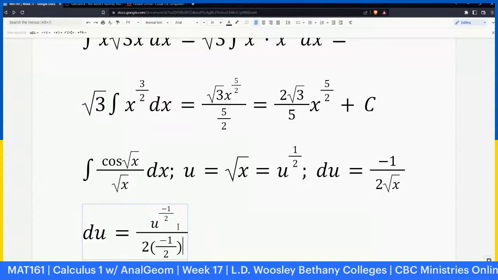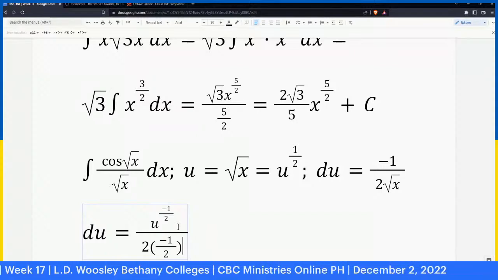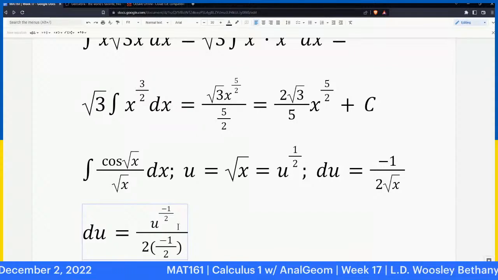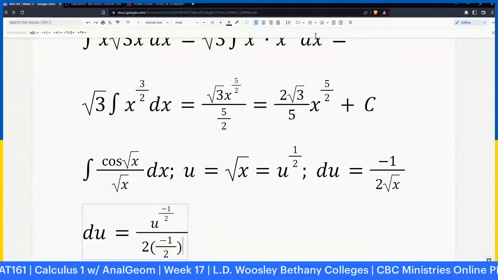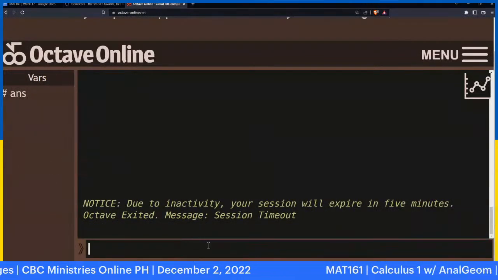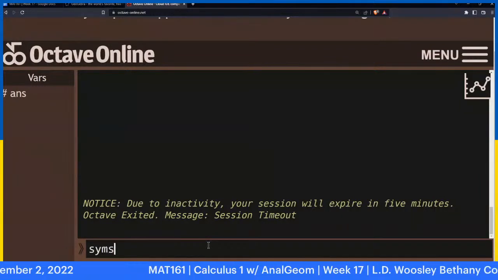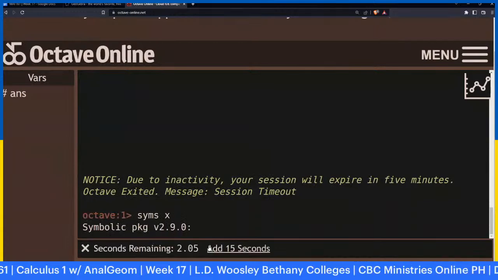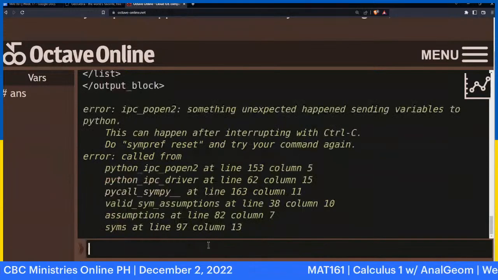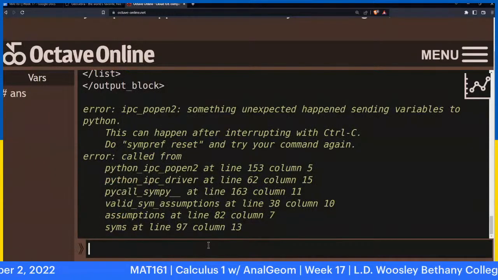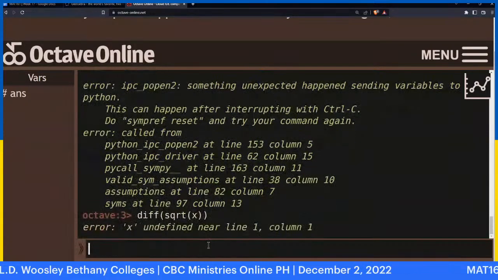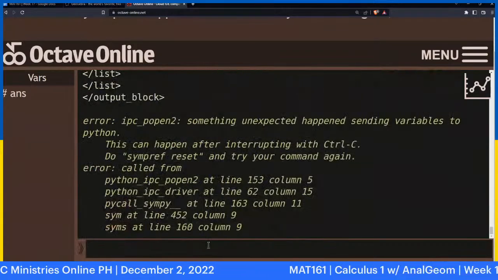Okay ba yon? Magka-cancel, no? Tama ba? Na-confuse ako doon sa derivative ng ano.